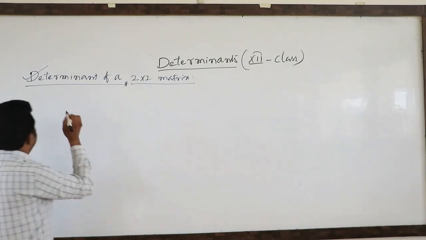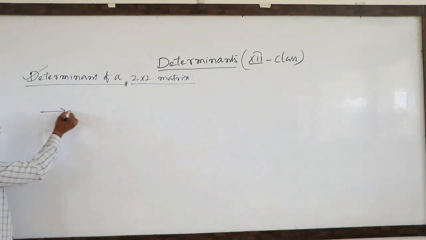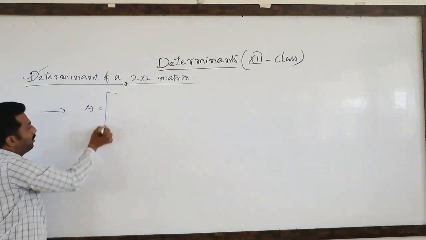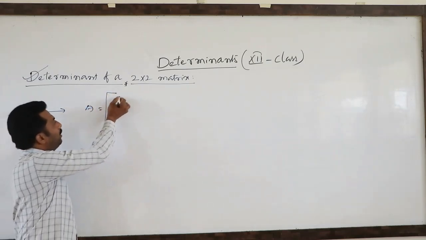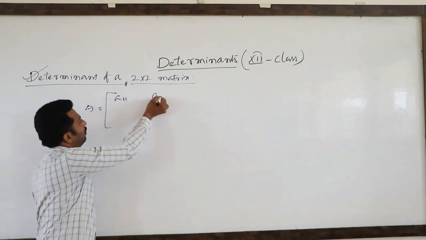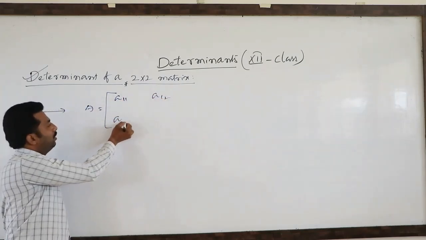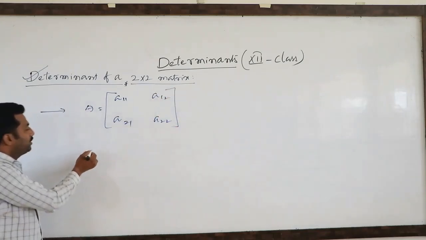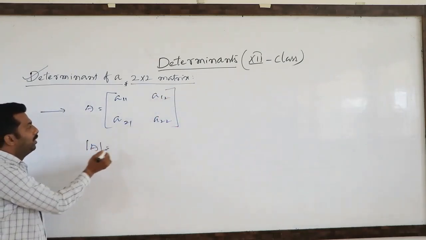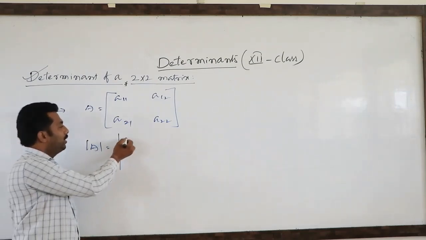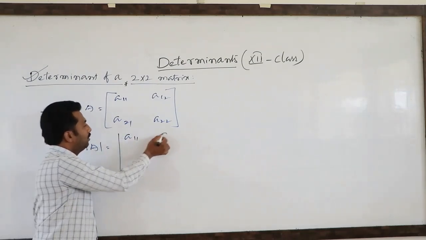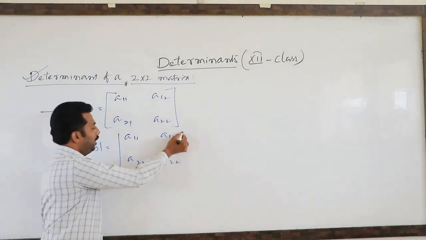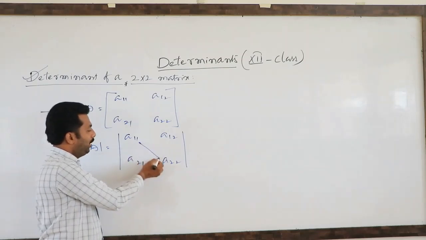First you observe, suppose A is equal to a square matrix I am taking: a11, a12, a21, a22. What is the determinant of A? The determinant of this is a11, a12, a21, a22. What do we have to write?